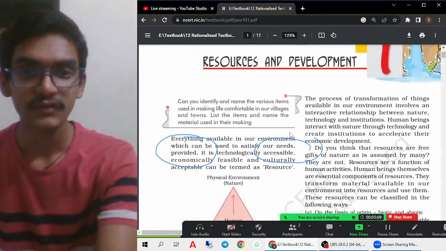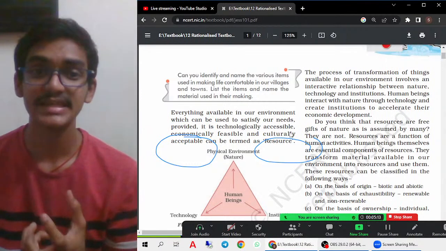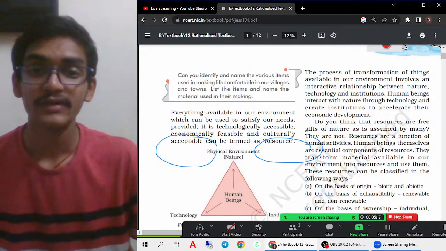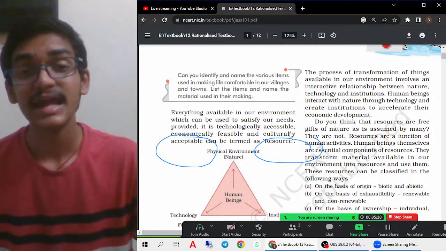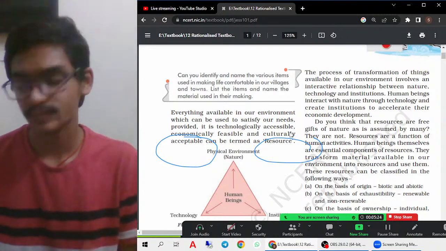The process of transformation of the resources available in the environment is only possible with the help of interactive relations. An interactive relationship is a kind of interdependent relationship on each other.